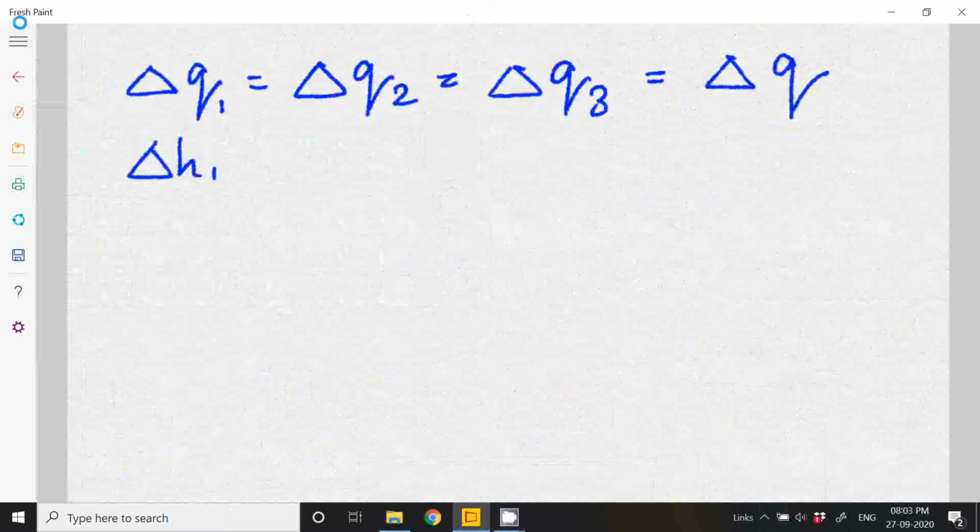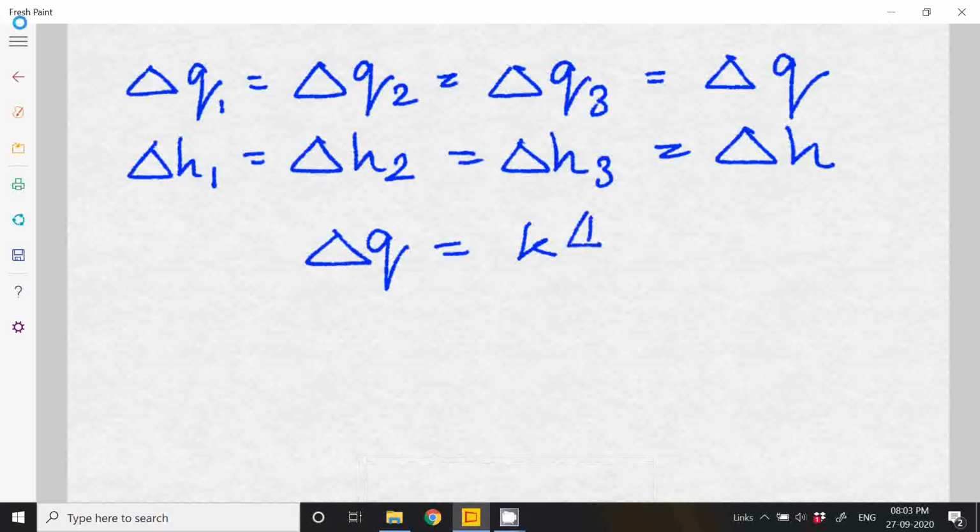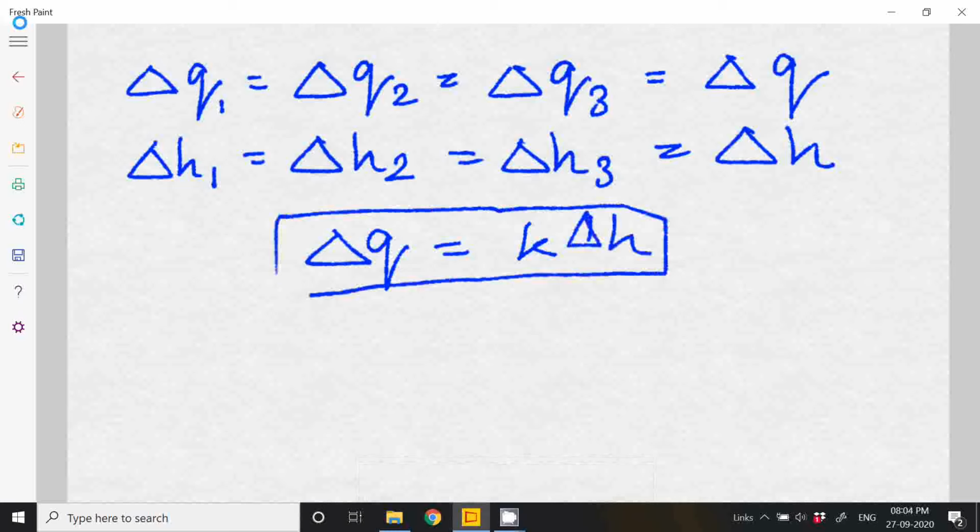Then delta h1 is equal to delta h2 is equal to delta h3 is equal to delta h. So delta q is equal to k delta h. So now this is the formula at which we have arrived till now.